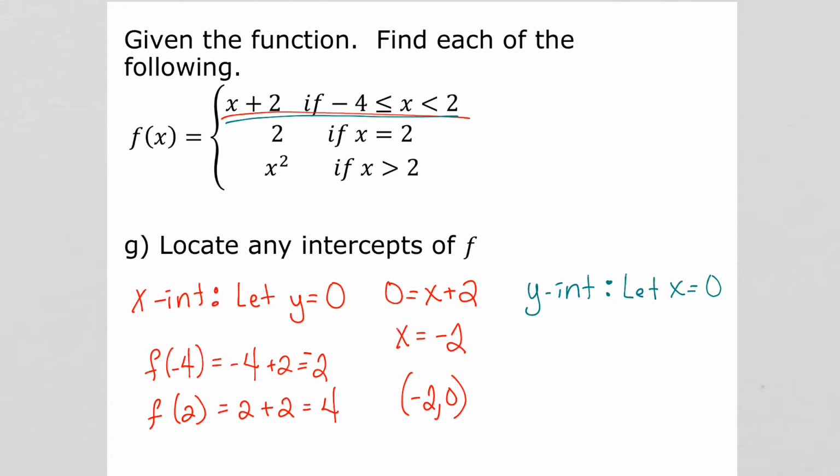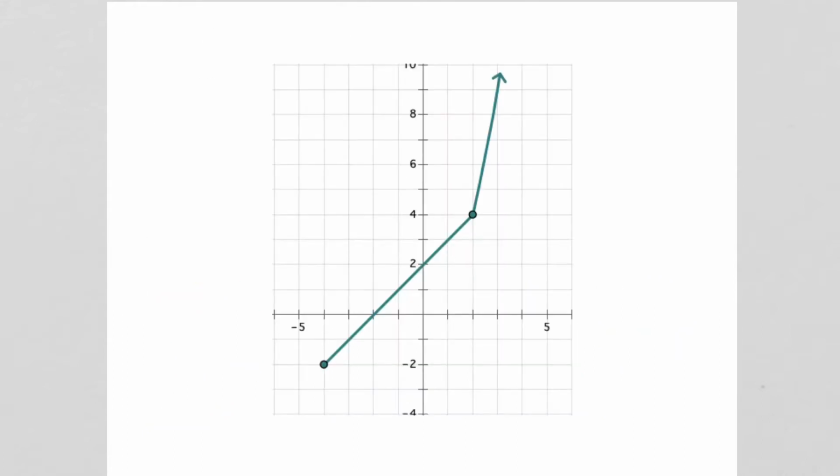So we're just looking for y equals 0 plus 2, which is 2. So the y-intercept is at 0, 2. For our last example, oh, and there it is. So you can always graph these to double check yourself, by the way.